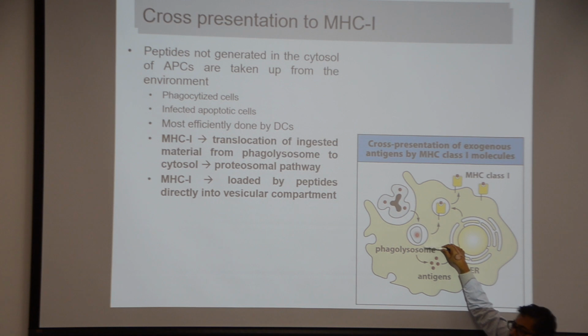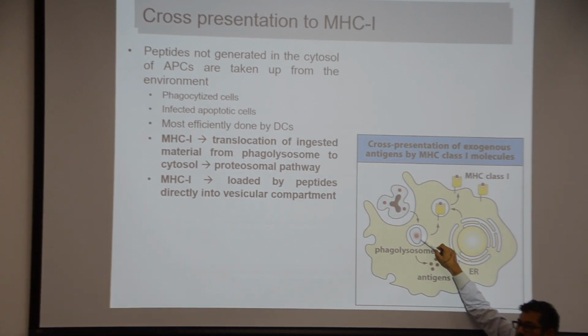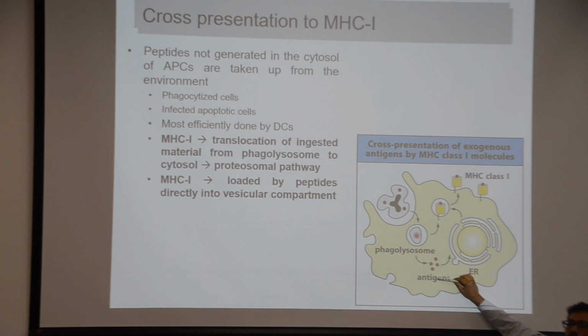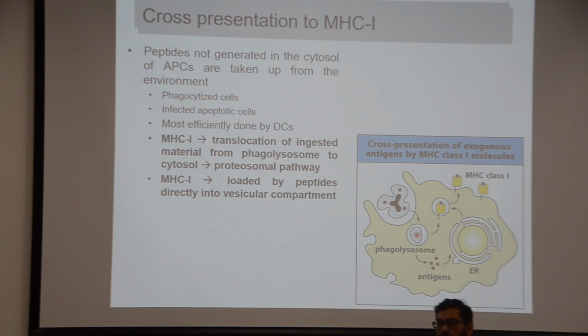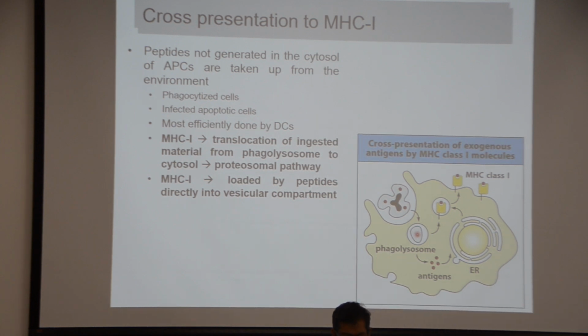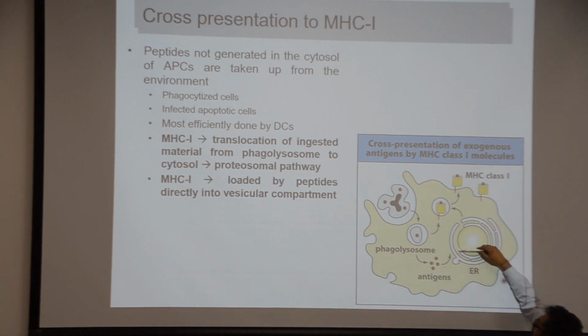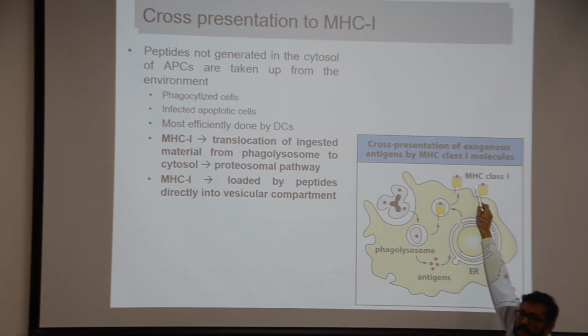Once it disintegrates, all the contents that were inside the phagolysosome are now cytoplasmic. Once they are cytoplasmic, they will go through the MHC class 1 pathway and therefore be presented onto MHC class 1. Go through the endoplasmic reticulum and there they go.